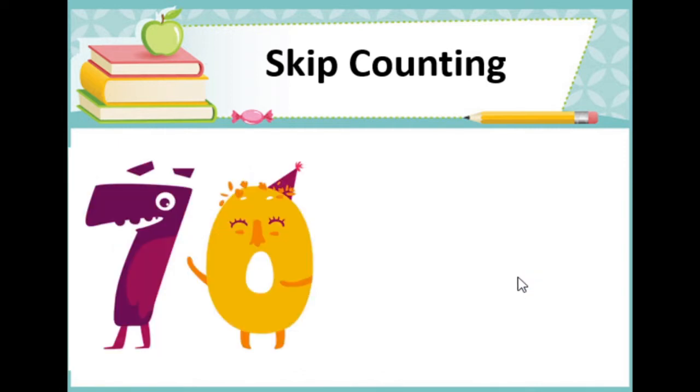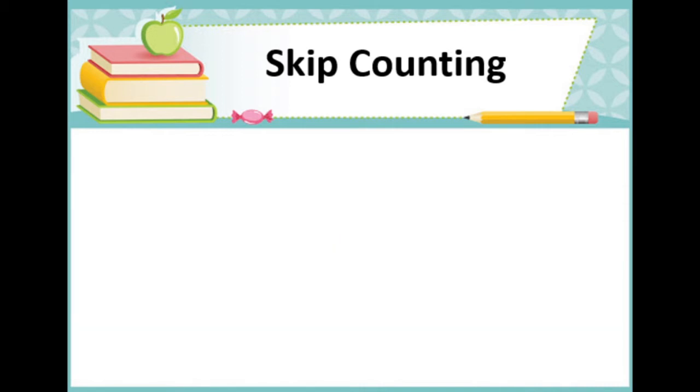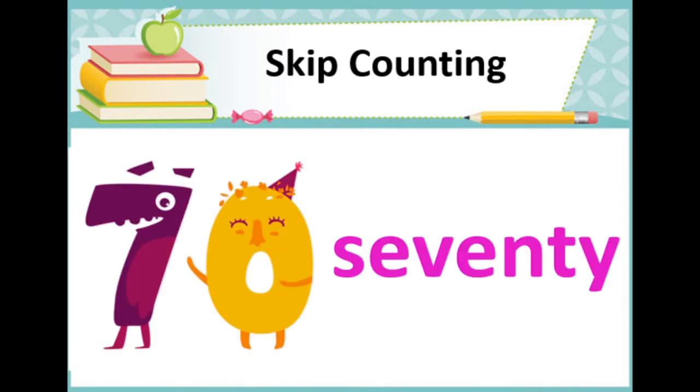Next, moving on, we have numbers 7 and 0. What number is 7 and 0? It's called number 70. Great job. 70. Again, one more time. Say it, please. 70.